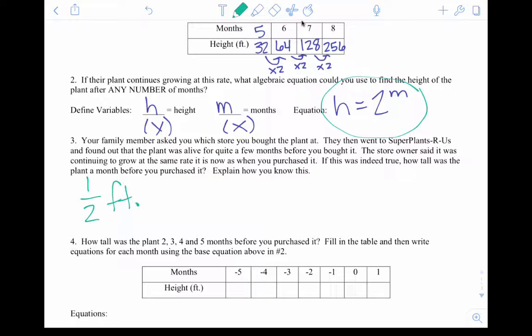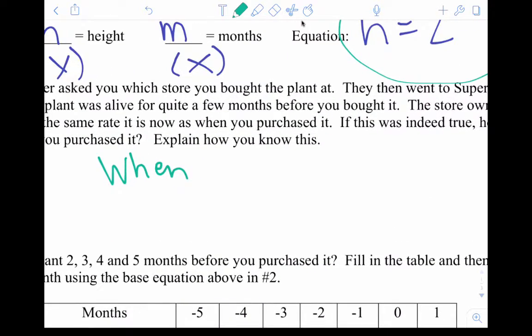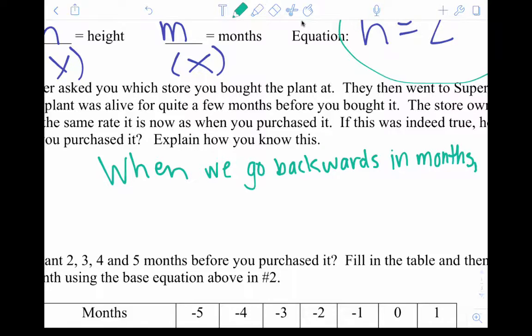I know this because when we go backwards in months, we divide the height by 2.